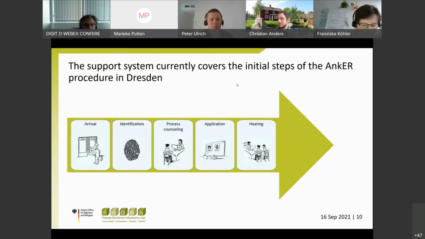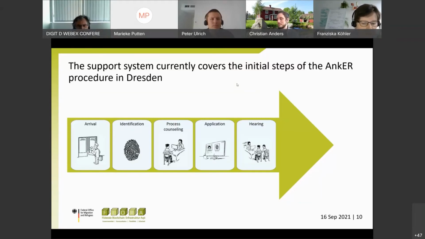In the last steps, the BAMF, we are the main actor, but we need the Foreigner Office to support this process. I think you can imagine that it's not easy to coordinate this overall process. The acting authorities need to exchange information about the statuses in all these steps.